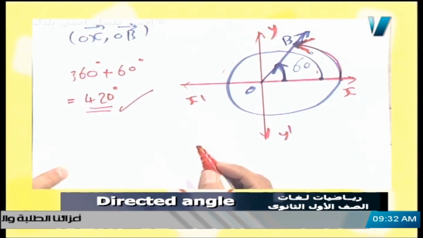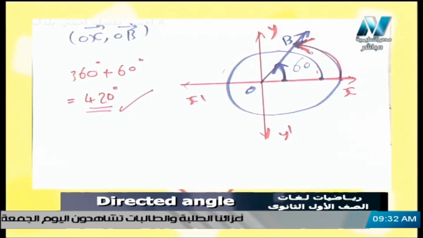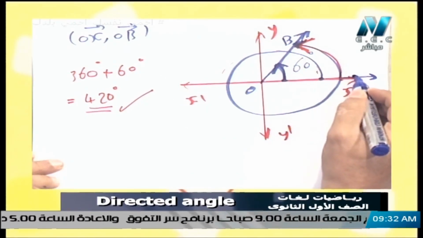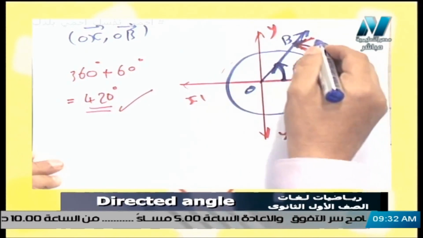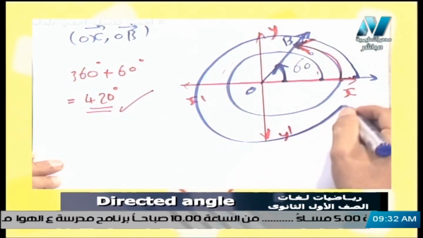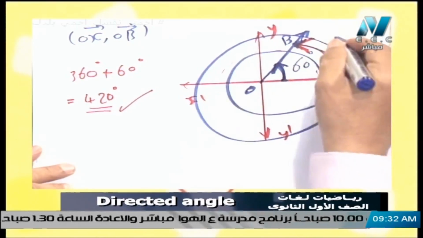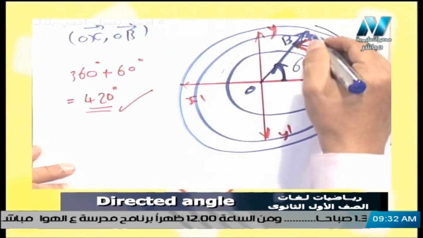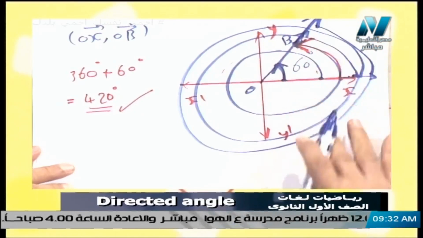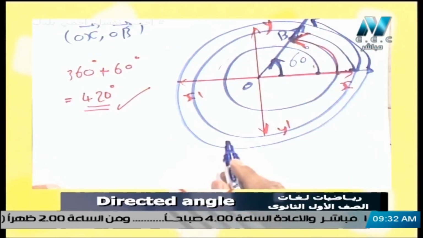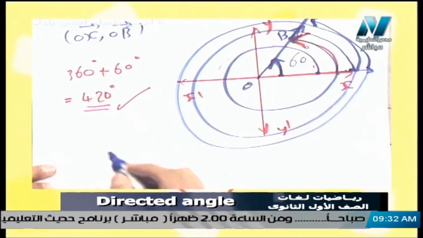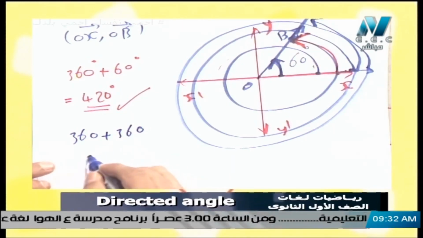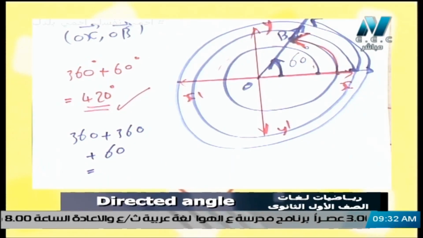Okay, let's move to another one. If we start from this initial side and move one turn, then move another turn and return back to the same terminal side and stop, we have two turns: 360 plus 360 plus 60.